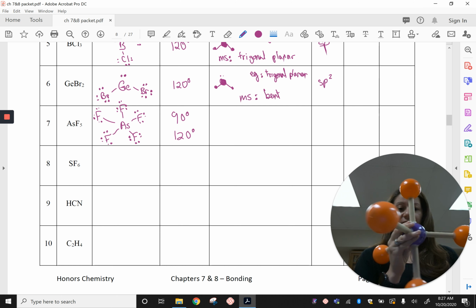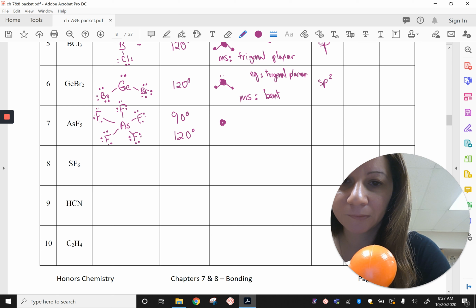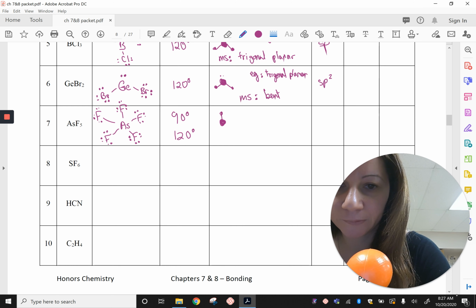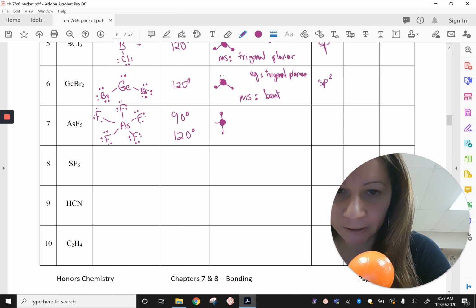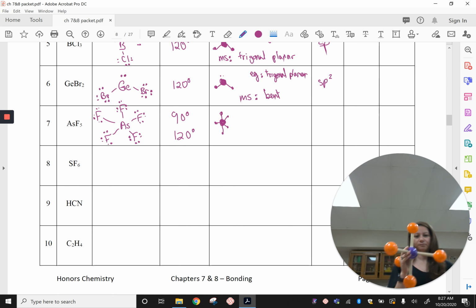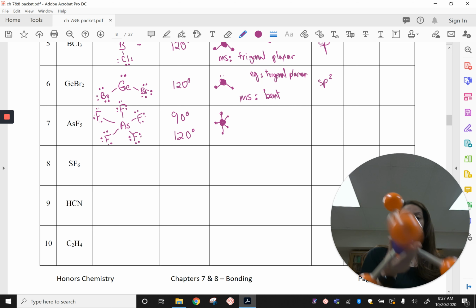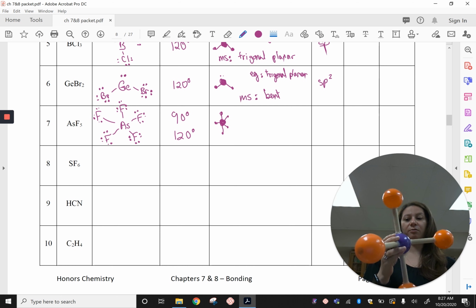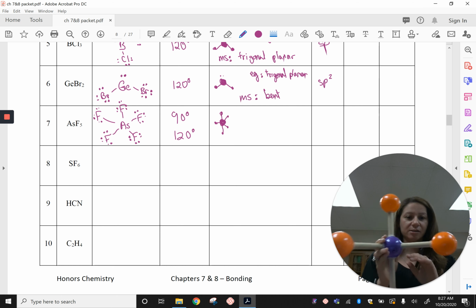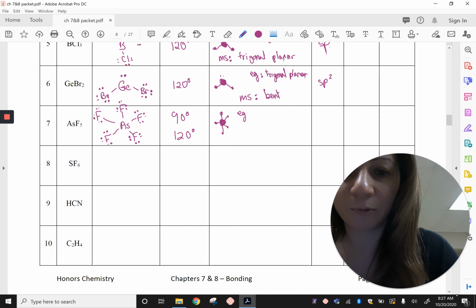Let's try to draw what this shape looks like. So I have a central atom, 1 up, 1 down, and then the other 3 kind of 120 apart. The electron geometry and the molecular shape are going to be the same because all your areas of electrons are in bonds, and both of them are called Trigonal Bipyramidal.